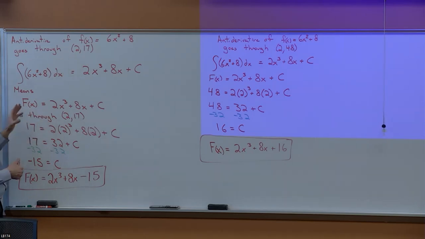So this is asking for the antiderivative function that goes through a specific point, and a definite integral is asking you for an area under the curve. Thank you.